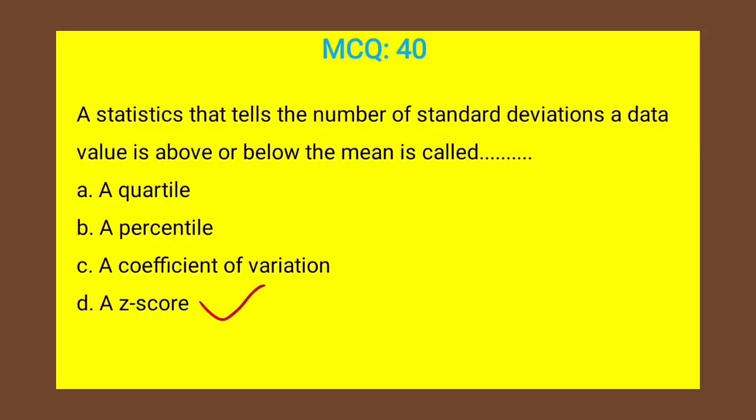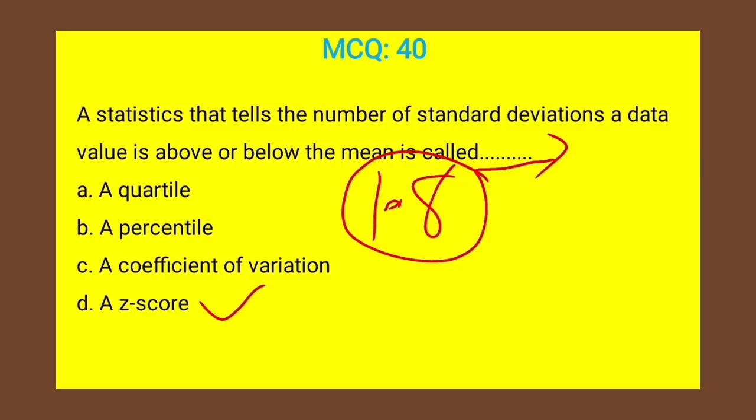A z-score is a value that determines whether a value is above or below the mean in standard deviations. And most of the time we use this in industries to know their financial status, whether they are financially viable or not. So if we calculate the z-score and at the end of the day you get 1.8, it means the business is not financially viable, or it can go bankrupt.